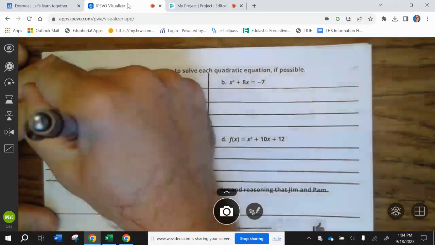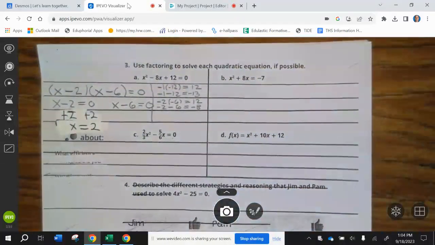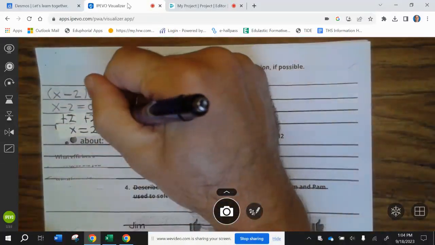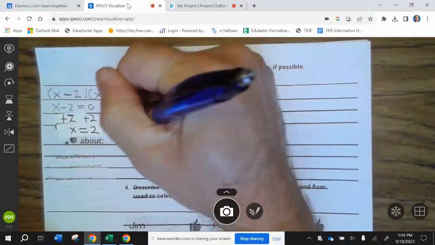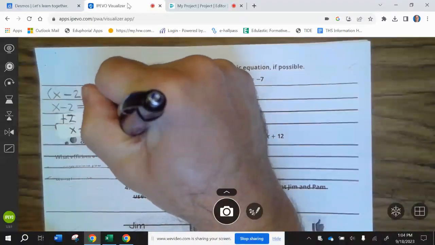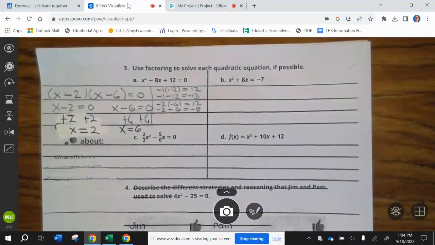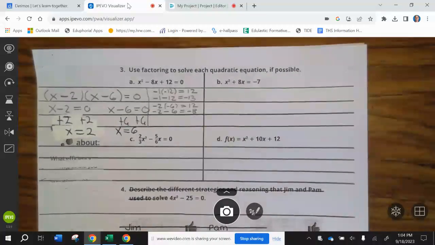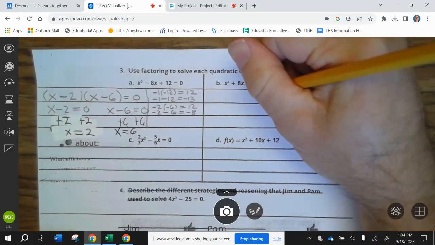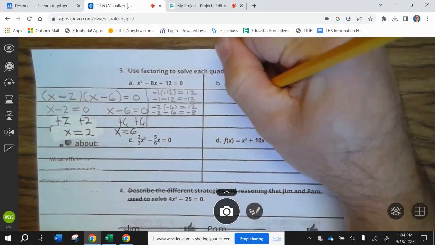And then we're going to add 6 to both sides. And so x equals 6. Okay? All right, let's take a look at B. Now, B, the first thing we need to do is add 7 to both sides.